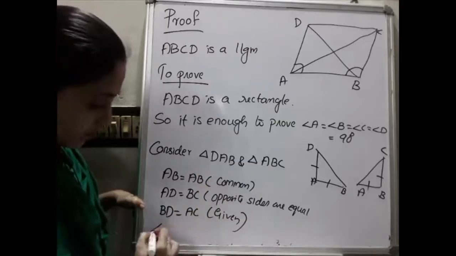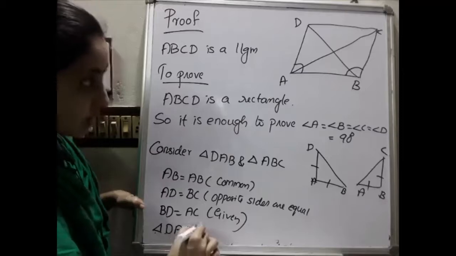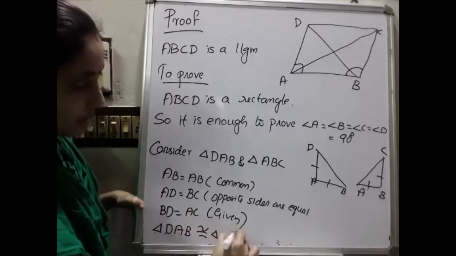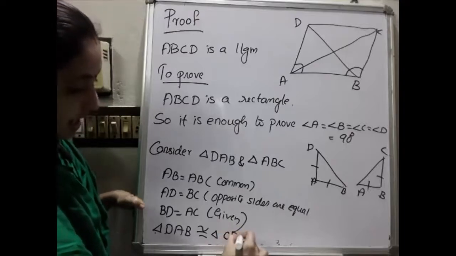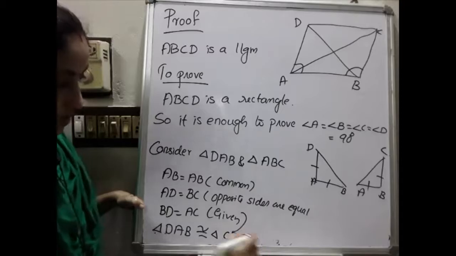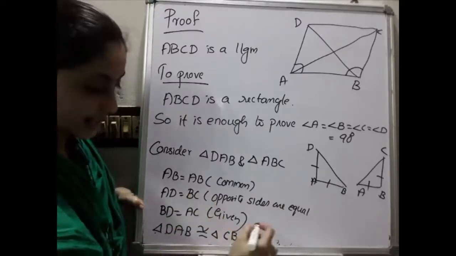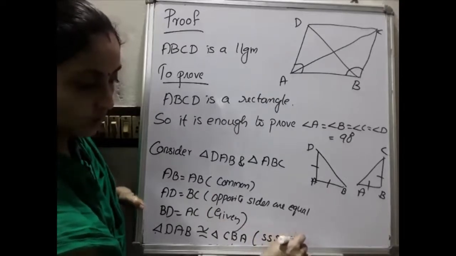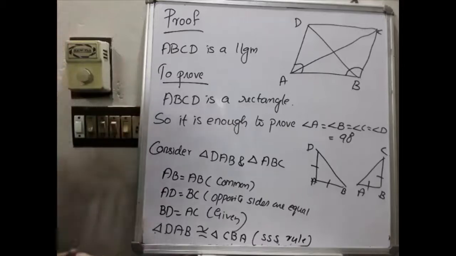So we can say that triangle DAB is congruent to triangle CBA, where A corresponds to B, D corresponds to C, and B corresponds to A. Reason: SSS rule. So hope you are clear. Please write down this.